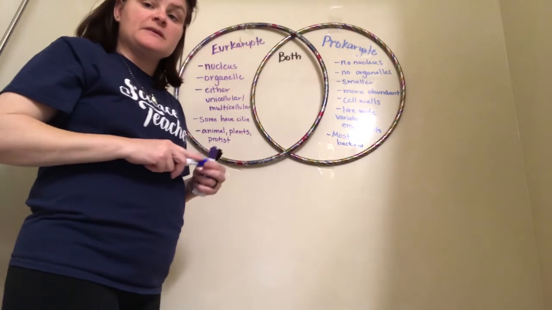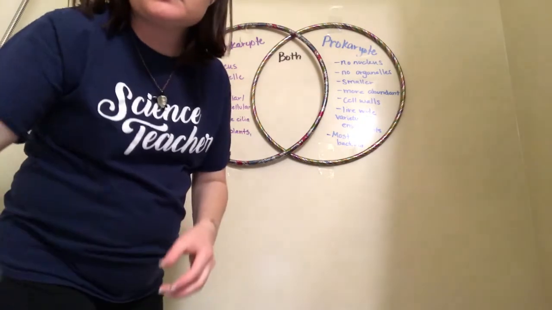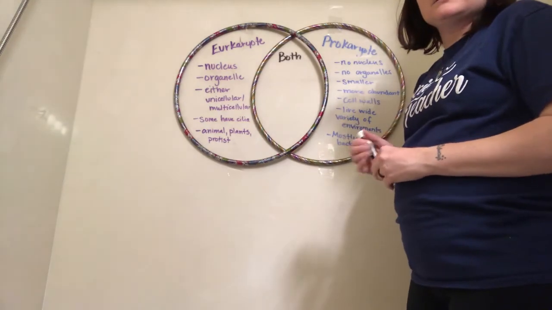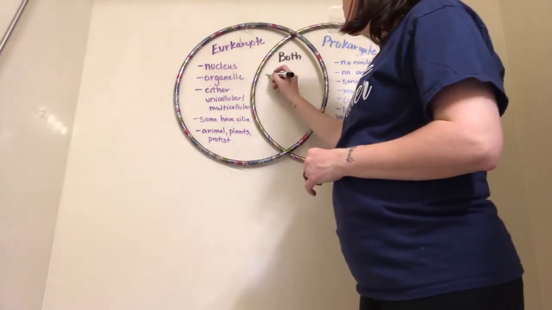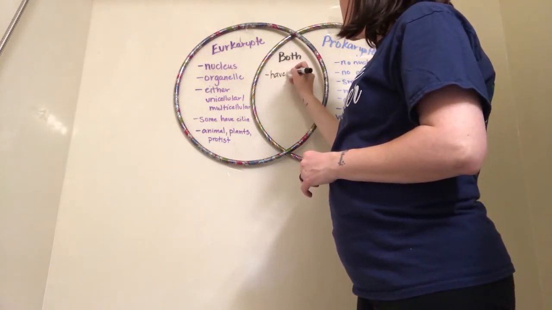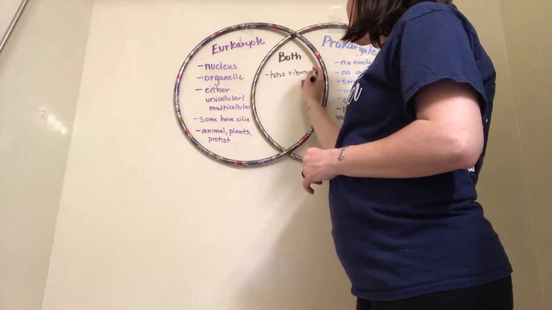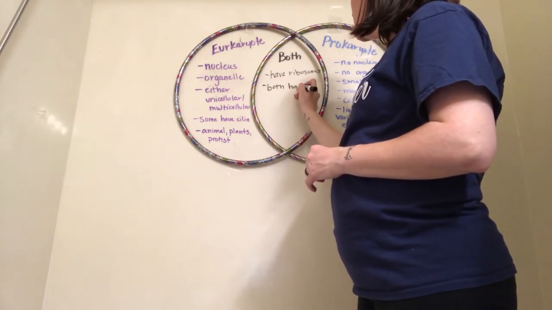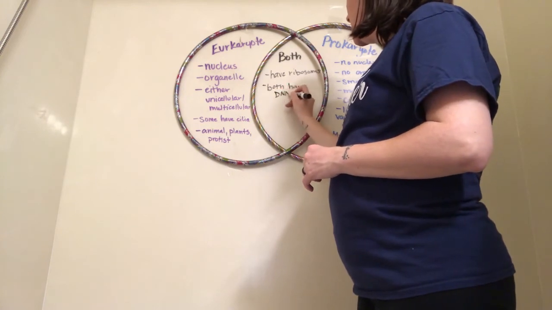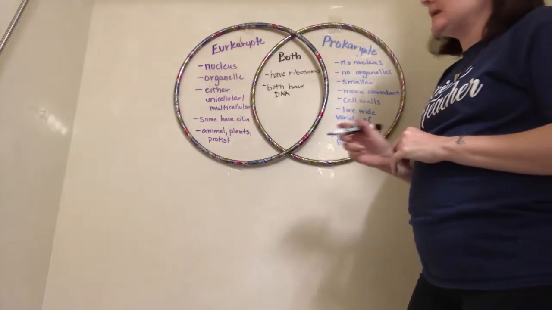So now we know the differences. Is there anything that is considered the same? So let's go in here and really start to look at what is the same between both of these. Now, both are going to have ribosomes. They both have DNA. Now the DNA is going to be held in both of these cells in a different way, but they both have DNA.